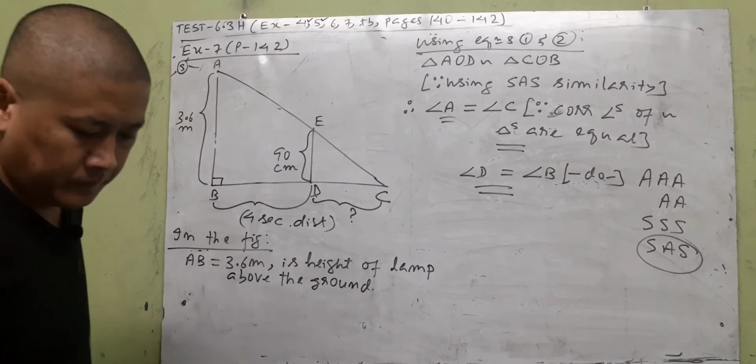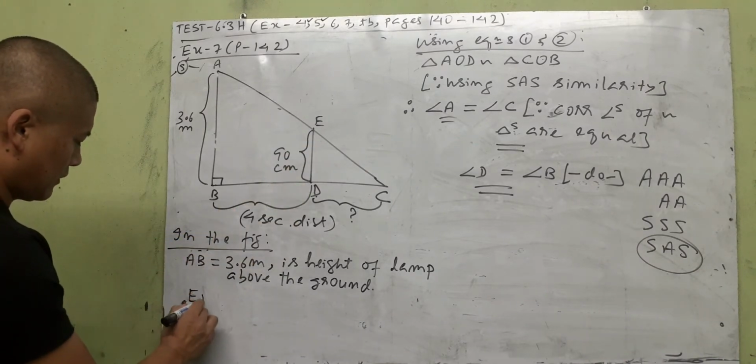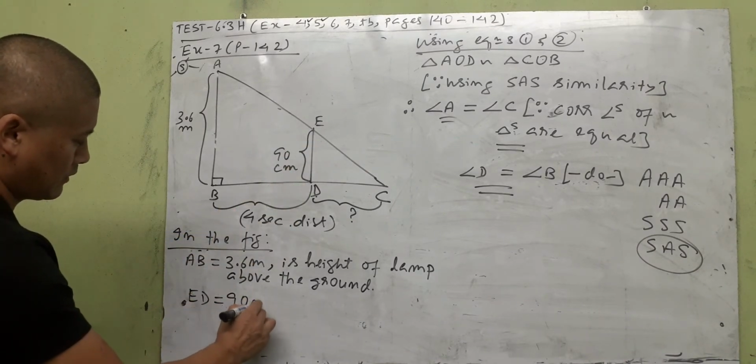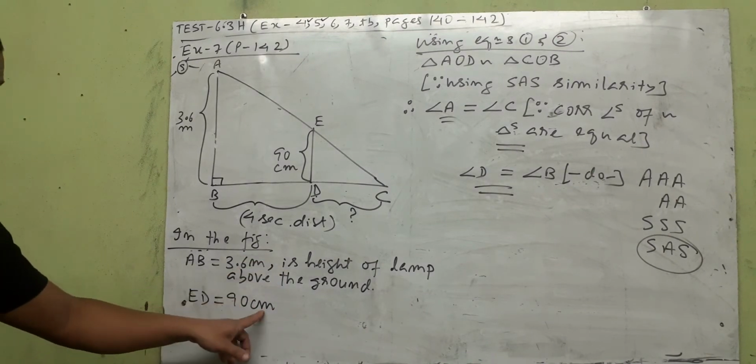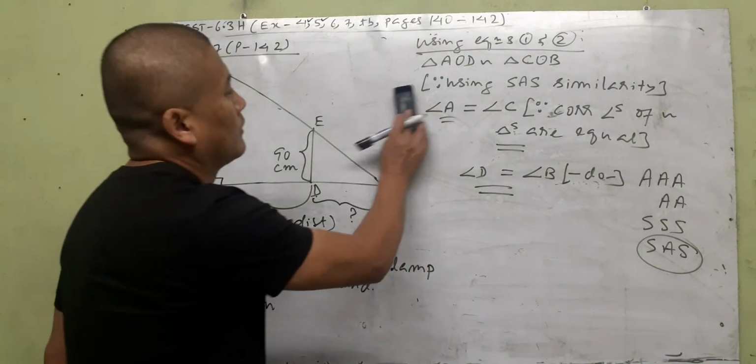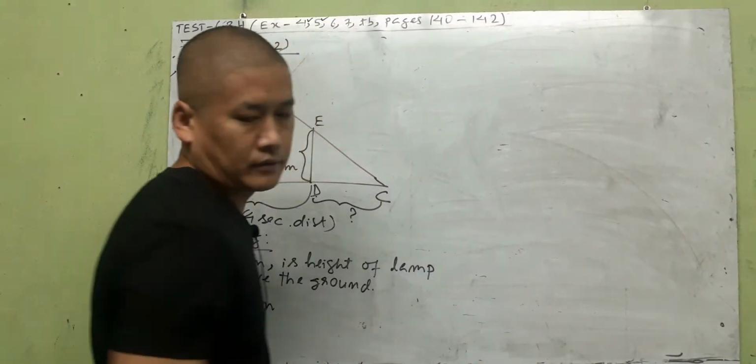Okay. Then here ED is equal to 90 centimeter. But you see here this is in meter, so we have to change this also to meter. For that, by now we have used this on so many occasions.